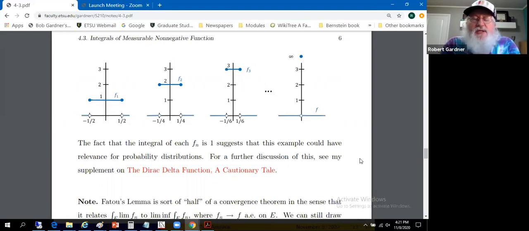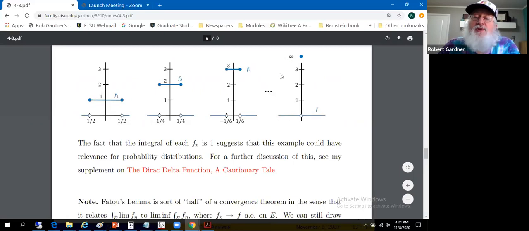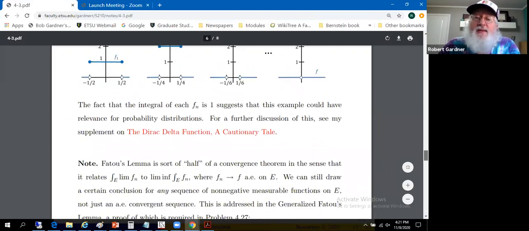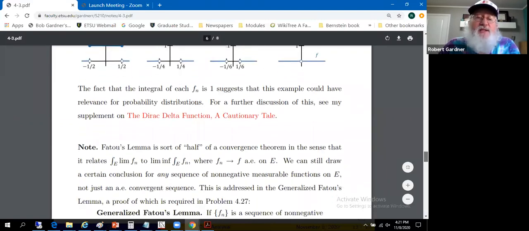And some dubious claims made in that setting about these kinds of integrals. Things like, well, it's this limit function, this must be 1 as well, because the limit of all these 1s should give us 1. It gives you 0, as we've established. So you've got to be careful with this stuff in terms of limits of sequences of functions.